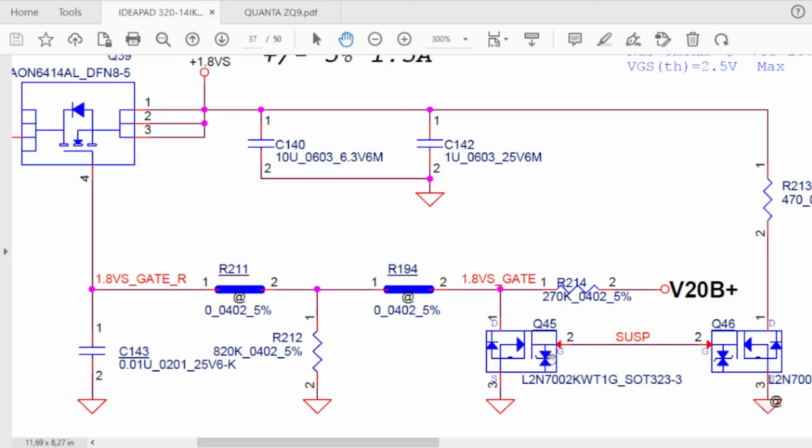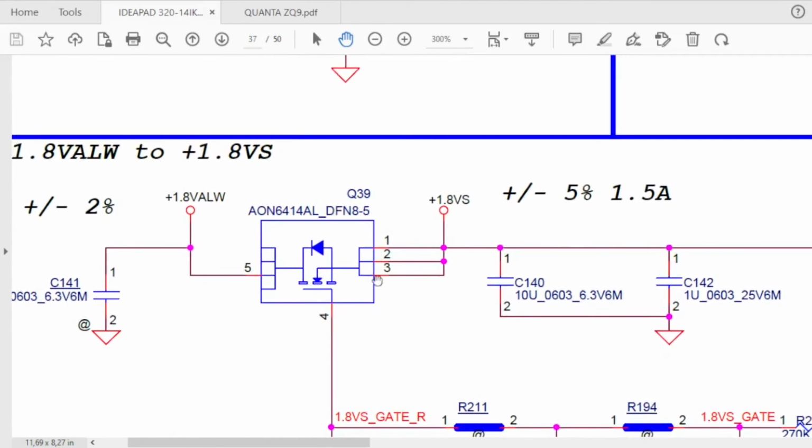This means that this MOSFET is not active. This point gets a voltage of about 8 volt. This voltage is connected directly to this N-channel MOSFET. So this MOSFET will activate, and this point gets the voltage 1.8 volt, as you can see just now.